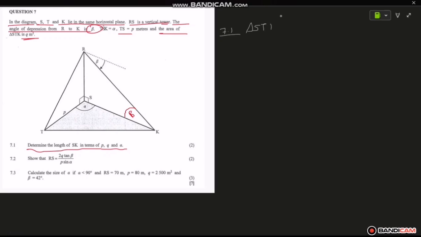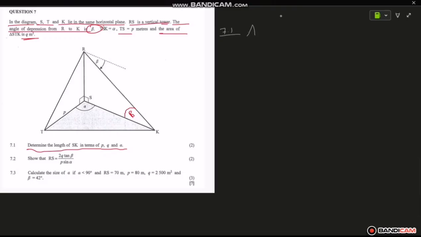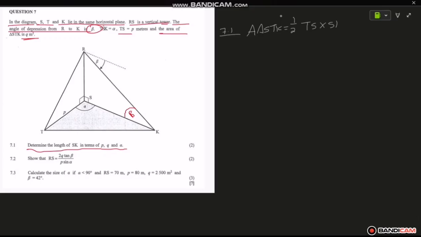Therefore, the area of triangle STK is equal to half times TS multiplied by SK, times the sine of the included angle.